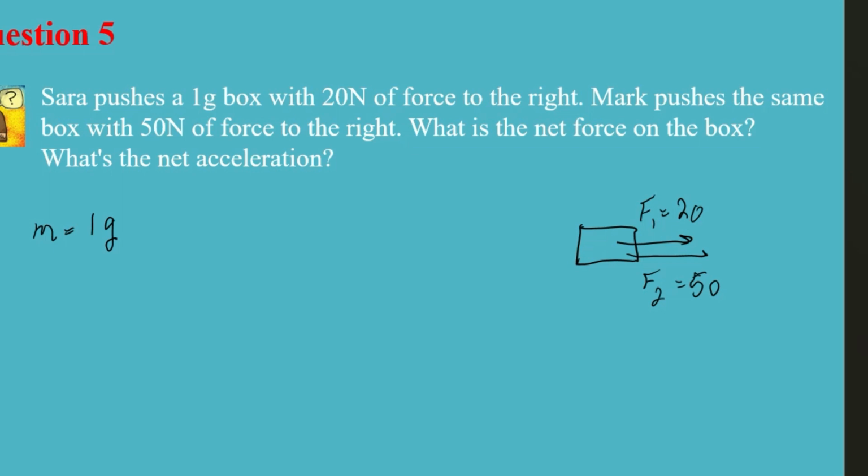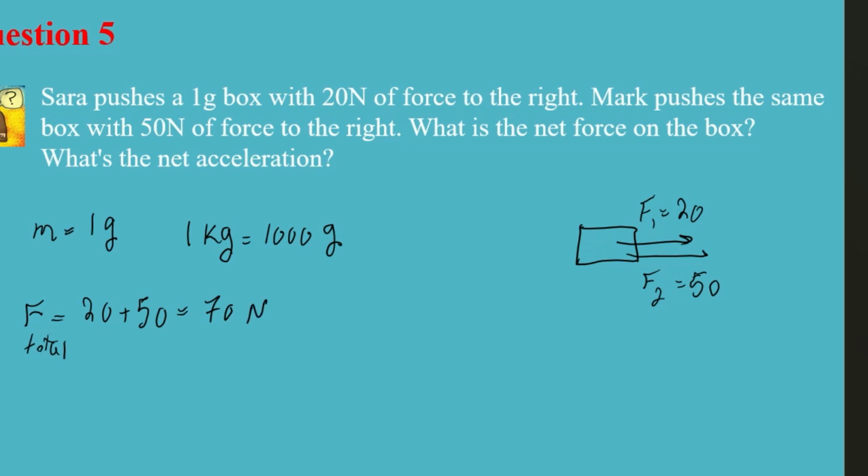If my unit is gram, I have to convert it to kilograms. And from the previous videos, we know that 1 kilogram is equal to 1,000 grams. First, I'm going to calculate the total force. My total force is 20 plus 50, so that's 70 newtons.